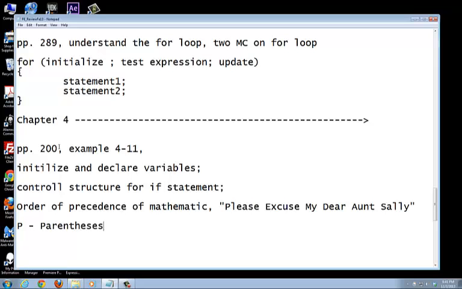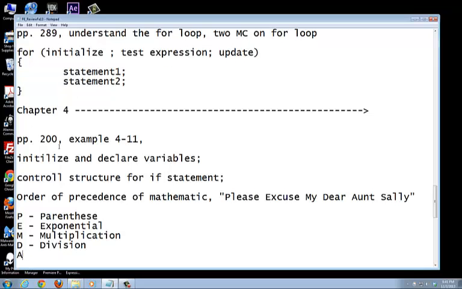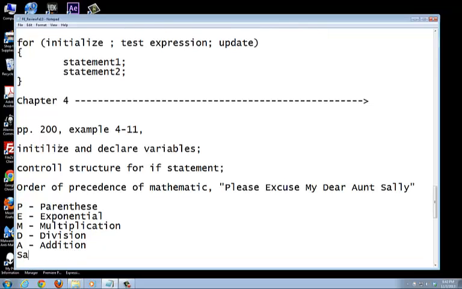And E is your exponents. And then you have M, which is multiplication, and D, your division. And A is your addition, and S is for your subtraction.